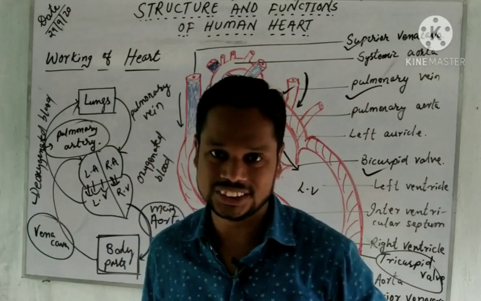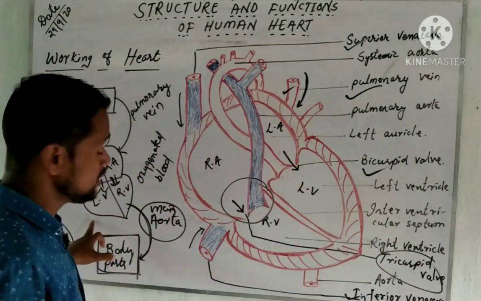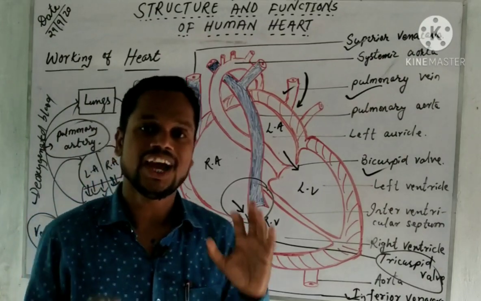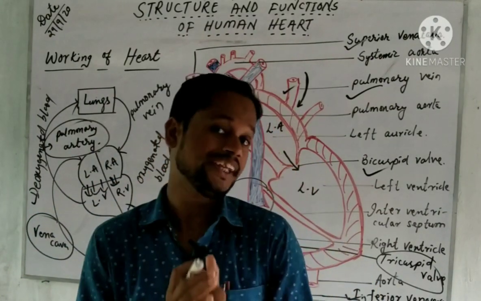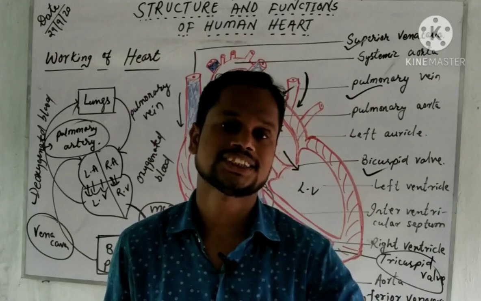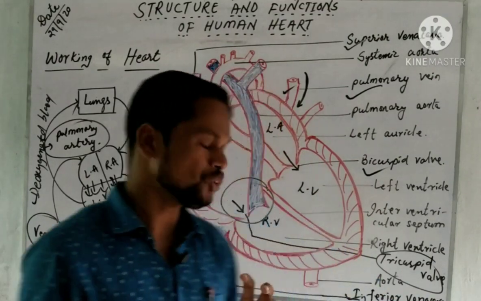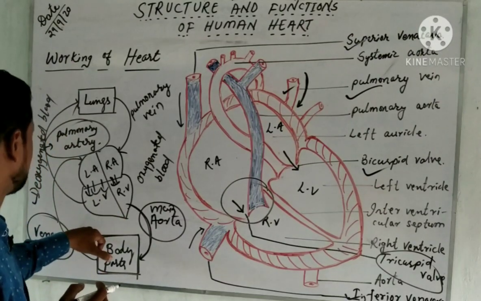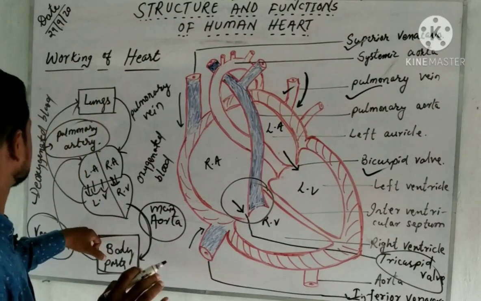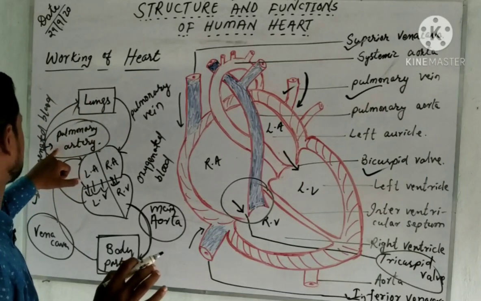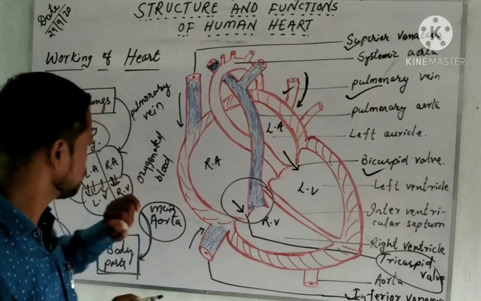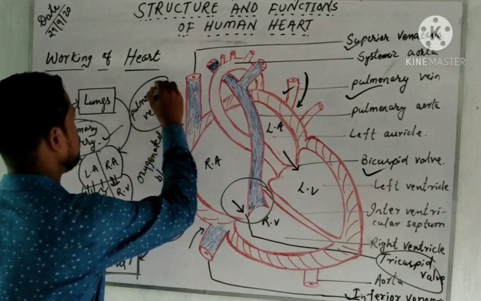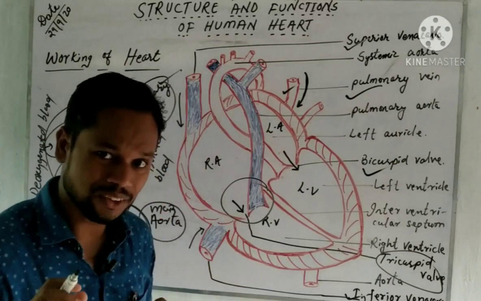Here the twist is that the blood is deoxygenated, yet it is still called the pulmonary artery. I told you all arteries carry oxygenated blood except the pulmonary artery. So the pulmonary artery carries deoxygenated blood and the pulmonary vein carries oxygenated blood.